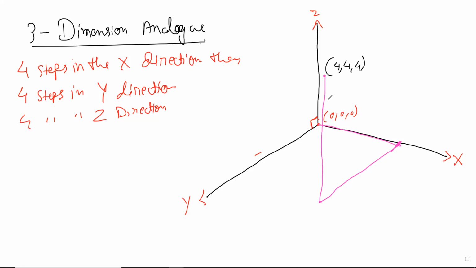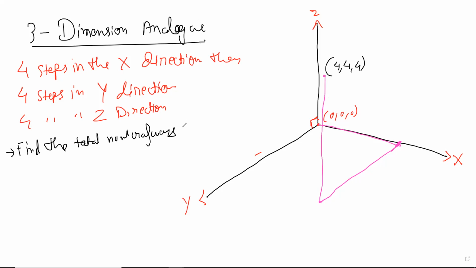Now the question is, how many ways are there to get from 0, 0, 0 to 4, 4, 4? Obviously, this pink path was one way, but there will be many other ways, right? So find the total number of ways.